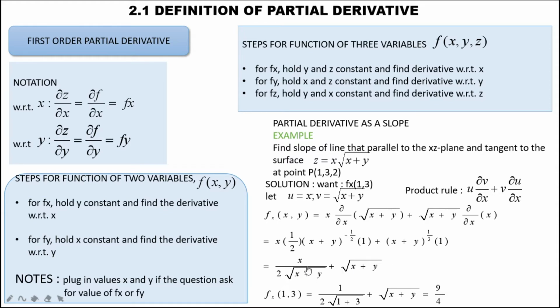We will get the answer x over 2√(x+y) plus √(x+y). The question asks for the slope at point (1, 3), so we just plug in the values of x and y, which are 1 and 3. So we will get the answer 9/4.